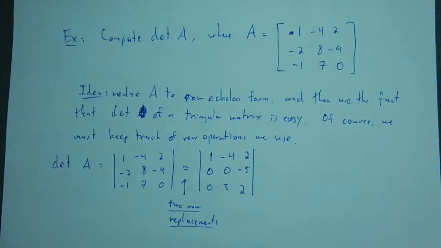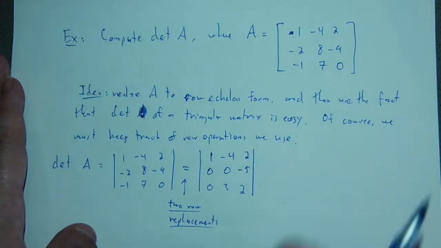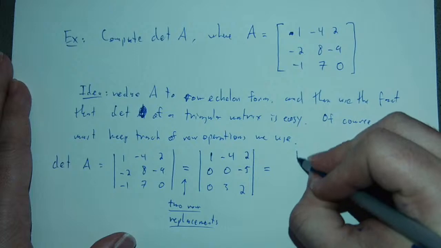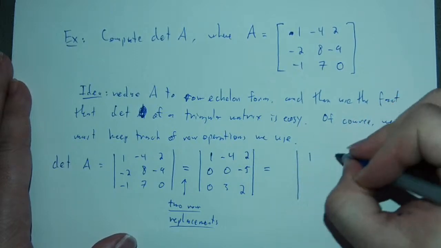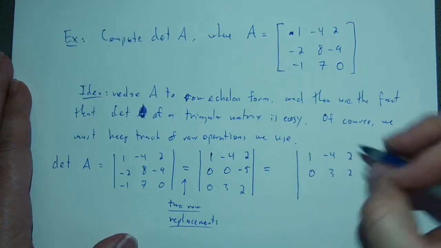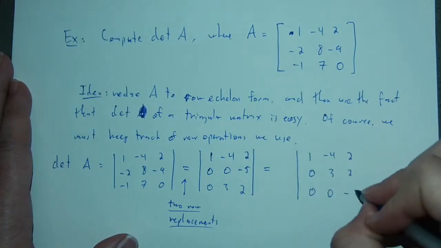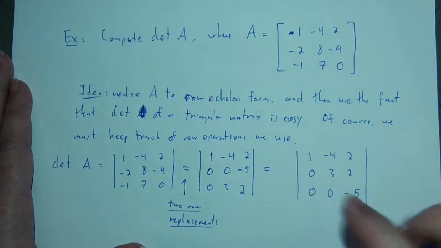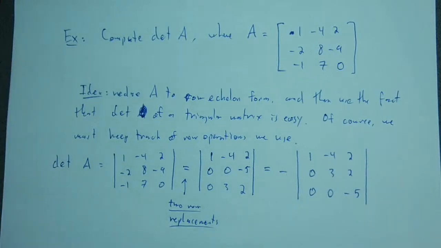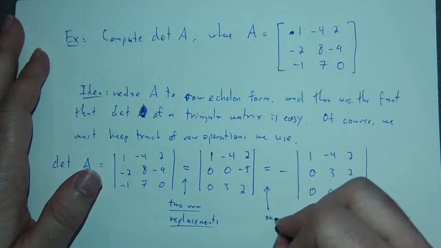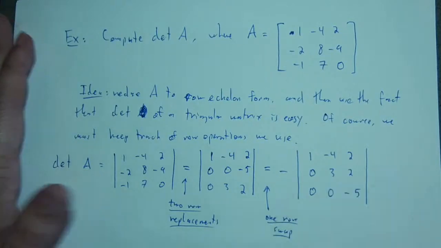Okay, now what do I want to do? Now I want to do a row swap. So I write equals, and then I put the matrix here, 1, minus 4, 2, 0, 3, 2, 0, 0, minus 5. And I've come to row echelon form. But to do that, I have to introduce a minus sign because that's 1 row swap, which introduces a minus sign.